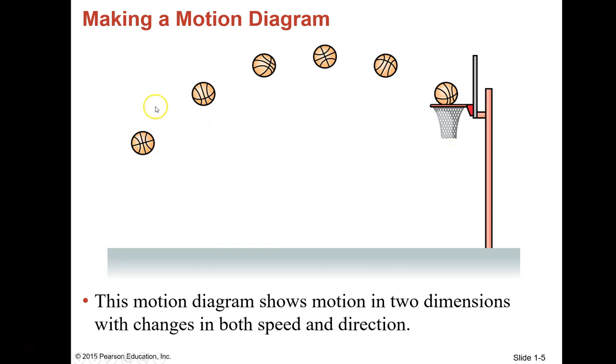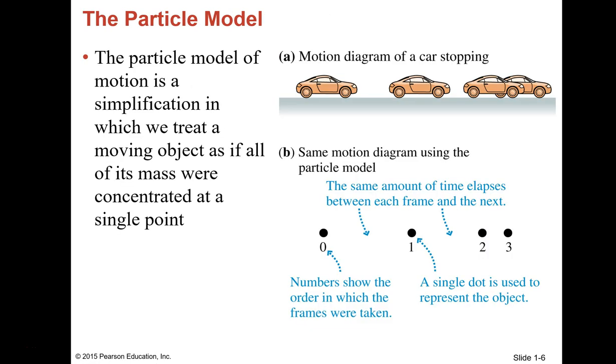However, looking at the vertical distance differences, as the ball goes up, the distance going up decreases, which means it's slowing down in an upward direction. As it comes back down, it's speeding up because the pictures are getting farther apart. We'll be talking about this in more detail later on.